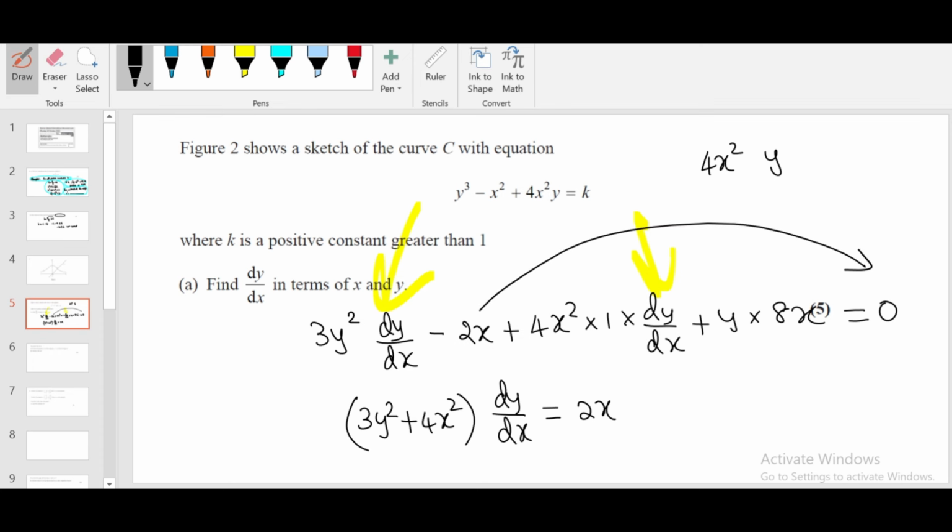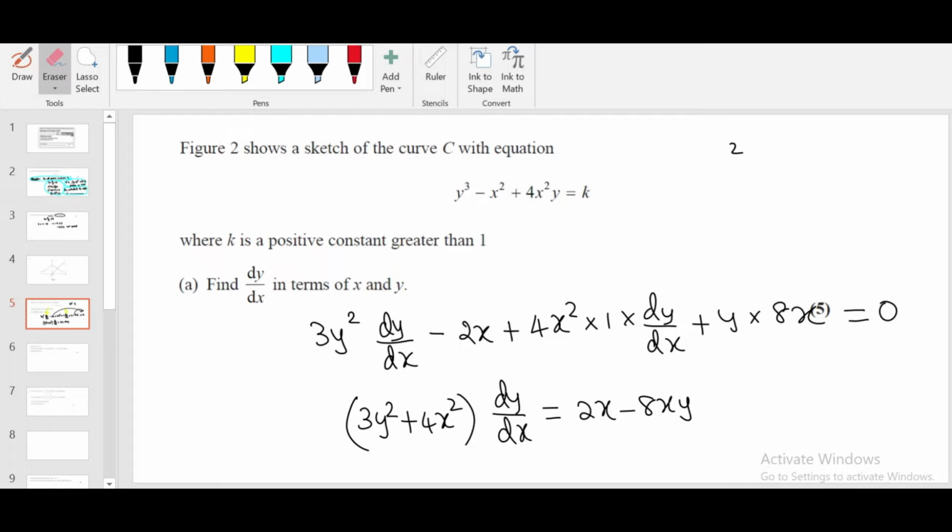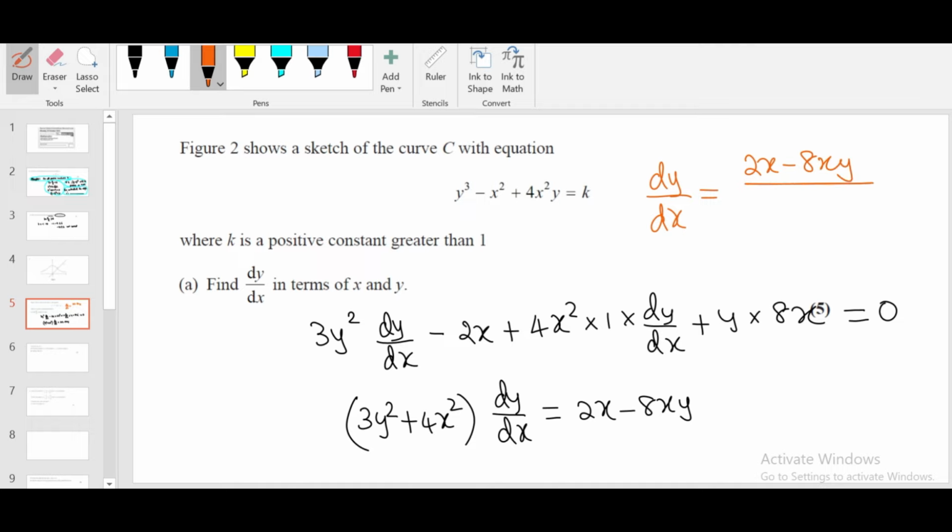This 2x comes here, and then 8xy comes here, minus 8xy. So divide by 3y squared plus 4x squared, and you will get dy by dx: dy over dx is equal to 2x minus 8xy divided by 3y squared plus 4x squared.